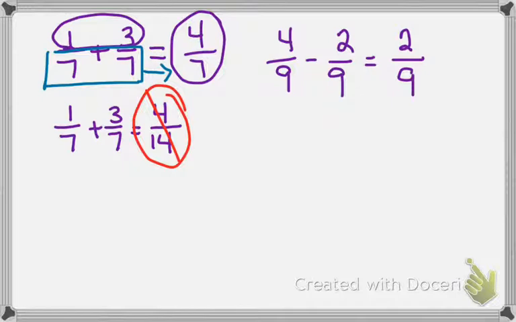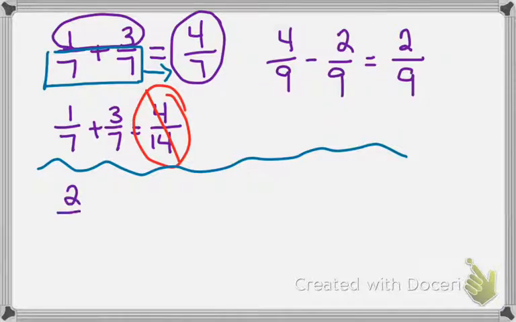Let's say that we are adding fractions with unlike denominators. What you're going to do then is first find your common denominator, and then when adding or subtracting, that denominator stays the same. For example, if I have 2/5 plus 3/15, what you're going to do then is find a common denominator between 5 and 15.